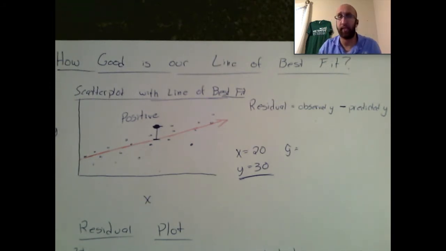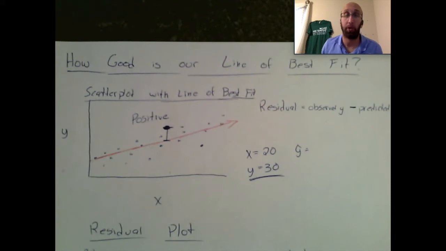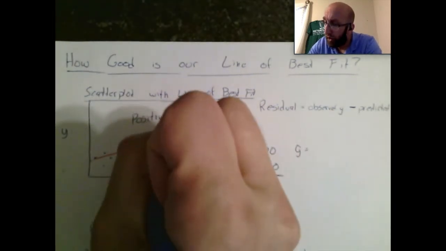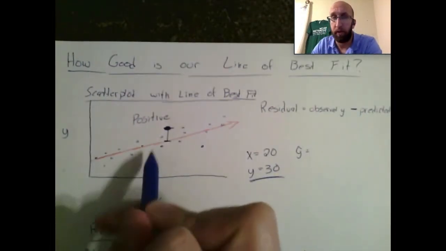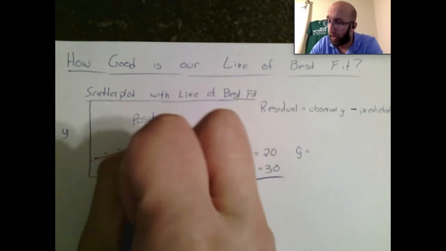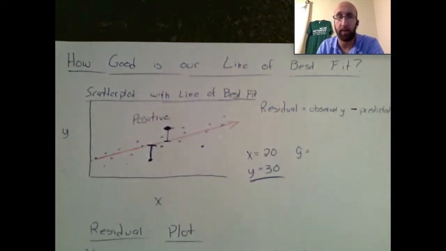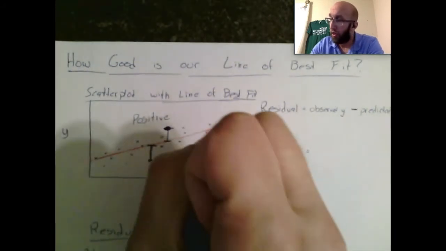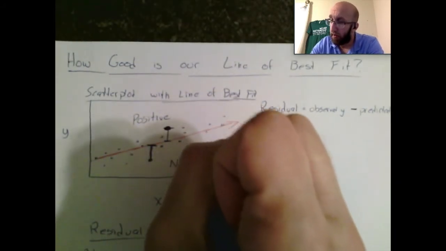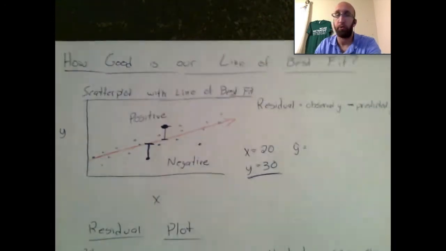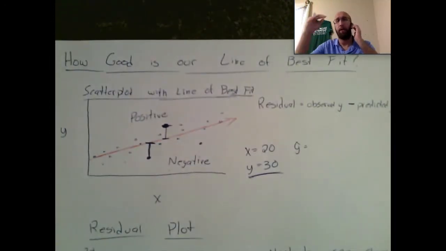Depending on the context of the situation, that could be a good or a bad thing. Since we're doing observed, subtracting off our predicted, which again is our line, if we had this point here, that's what the residual would look like, that vertical segment there. This is going to give you a negative residual, and if you have a negative residual, that means our observed data point was below or came in lower than what we predicted would happen.